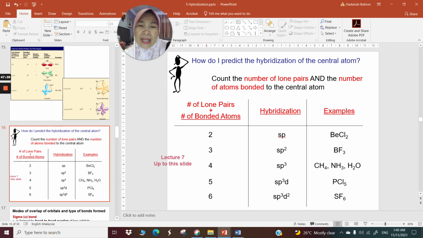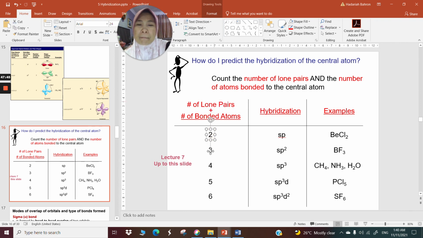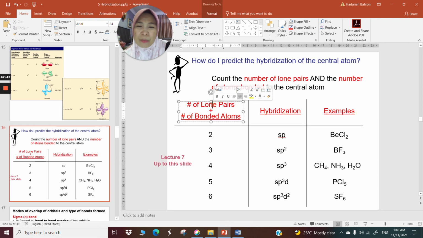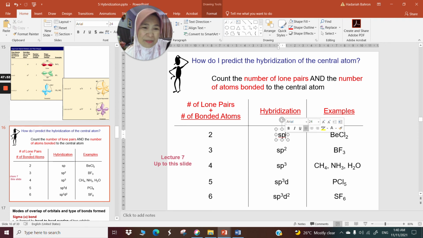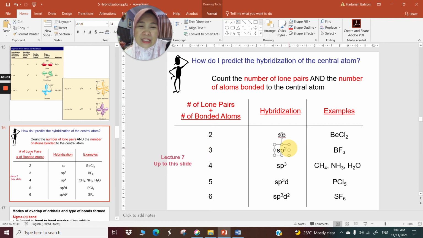So when the lone pairs plus bonded atoms is 2, and it can be 0 plus 2, it can be 1 plus 1, then hybridization is sp. If lone pairs plus bonded atoms makes 3 pairs, it is sp2.